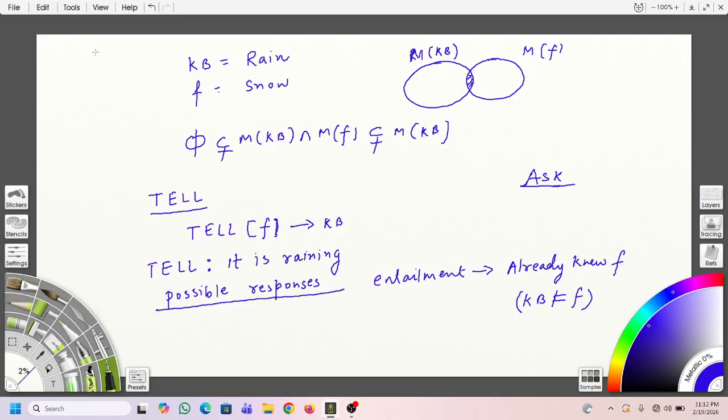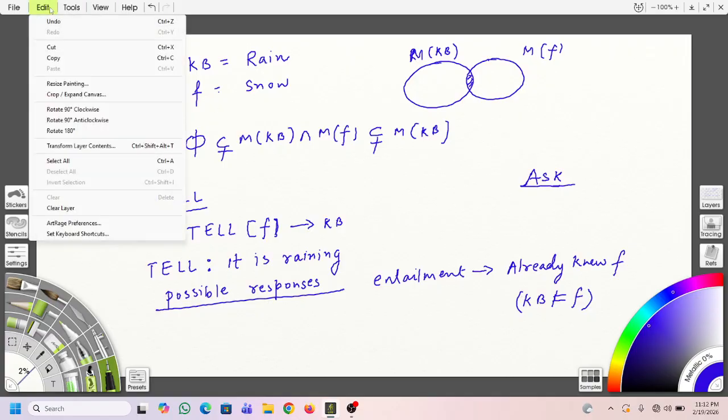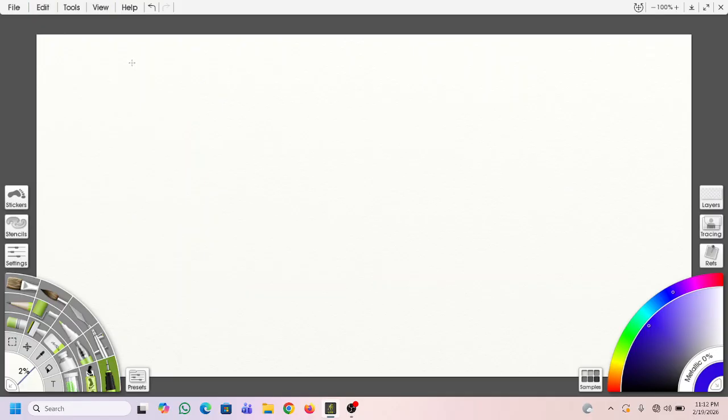Now the second case comes where our knowledge base does not believe the formula. The second case is, don't believe that formula.